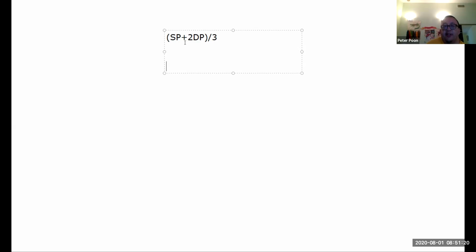Because I always think of it as systole 1/3 of the time and diastole 2/3 of the time. So that's going to be the mean arterial pressure. But I can easily use math and convert that equation to the same equation that they give you in the textbook right there. They mean the same thing.